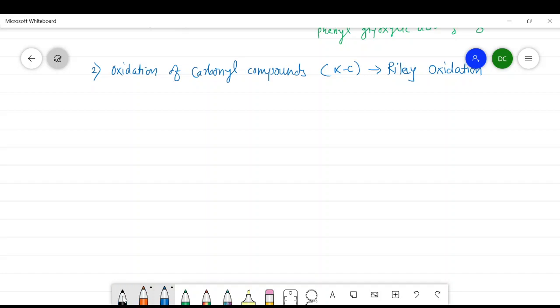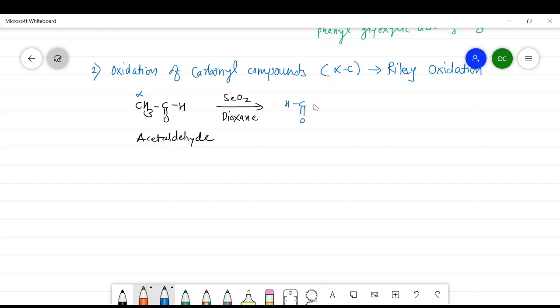Now, let us take the example of CH3CHO. It is acetaldehyde. When this acetaldehyde is treated with selenium dioxide and dioxane as a solvent, here this is the functional group that is carbonyl, and this is the alpha carbon, and this alpha carbon contains 3 hydrogens, and this methyl group is going to convert into an aldehyde.